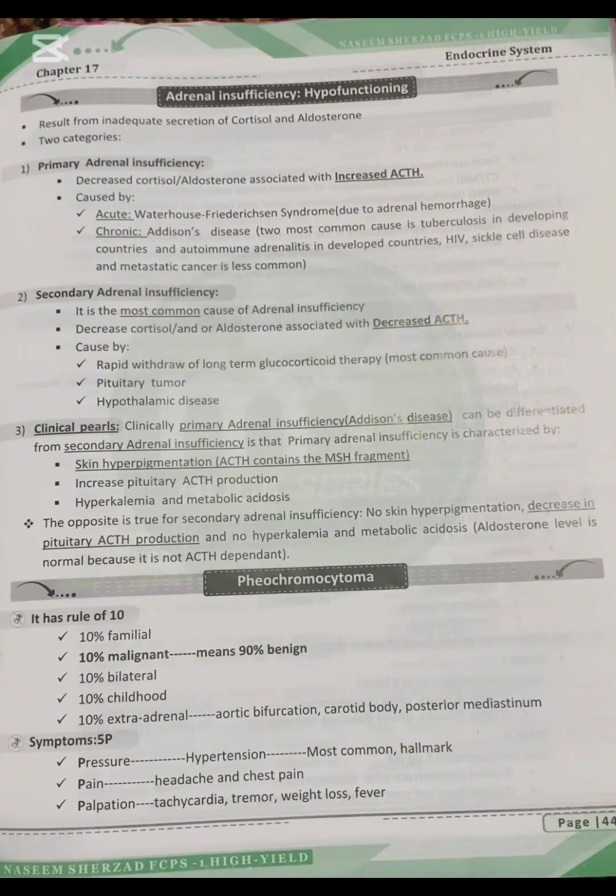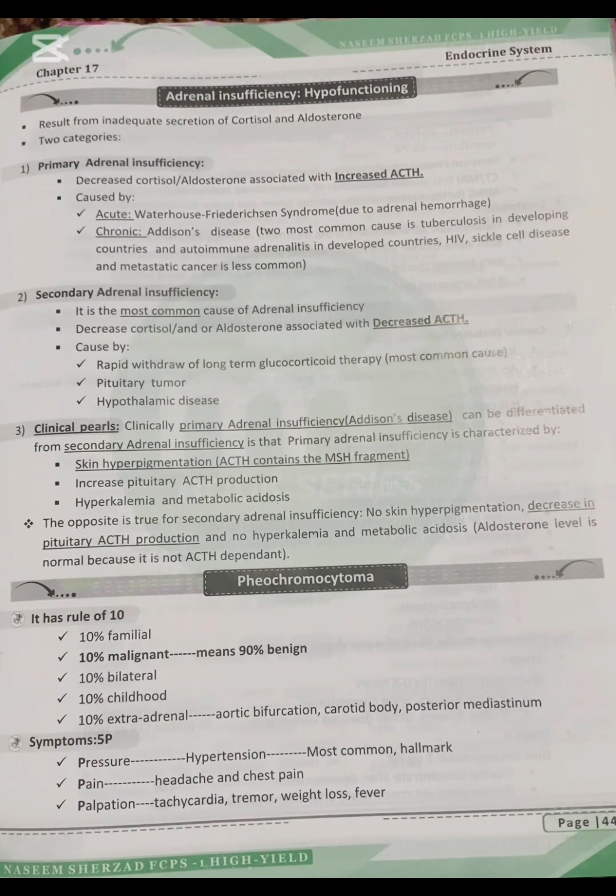Now the last one is pheochromocytoma, and pheochromocytoma is a disease of the medulla. This is a single disease which we will discuss, and it is a disease of the medulla. So it has a rule of 10, and this rule of 10 is important. 10% familial, 10% malignant.